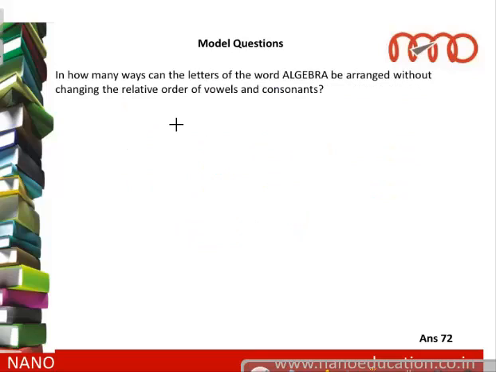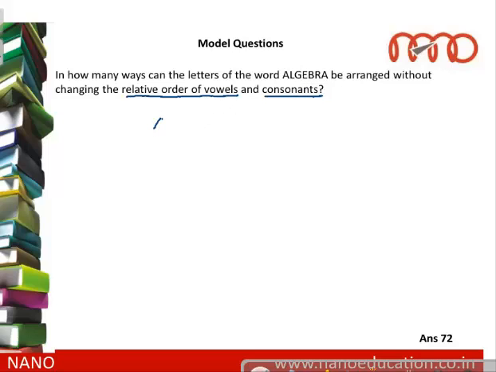In how many ways can the letters of the word algebra be arranged without changing the relative order of vowels and consonants?